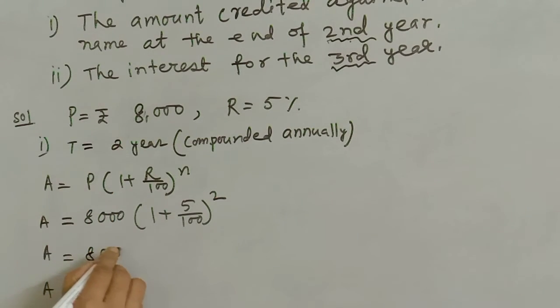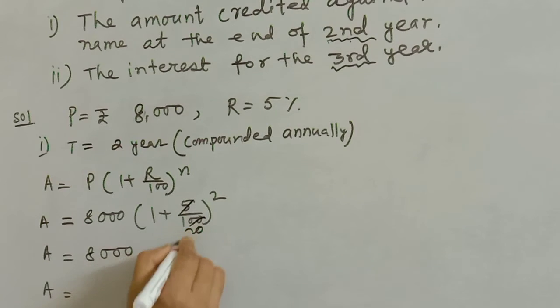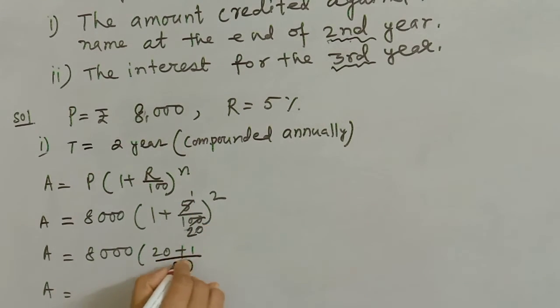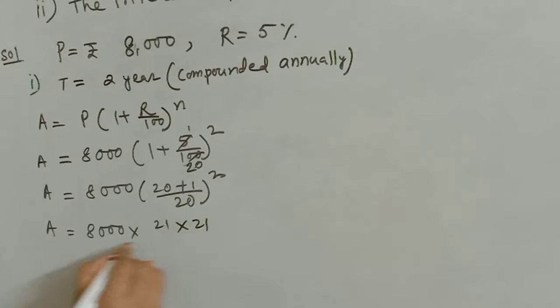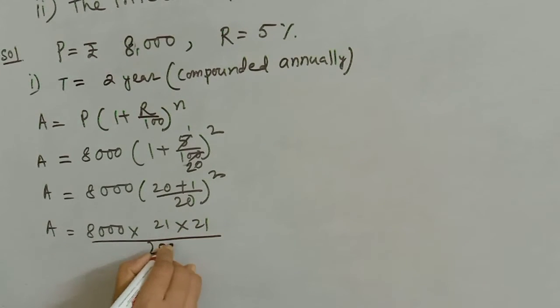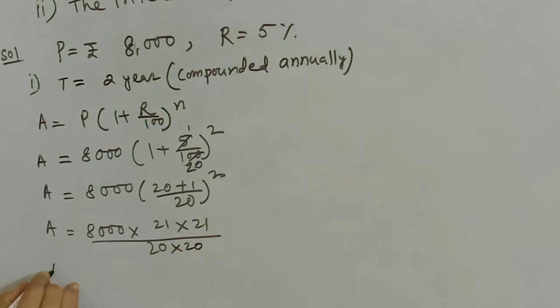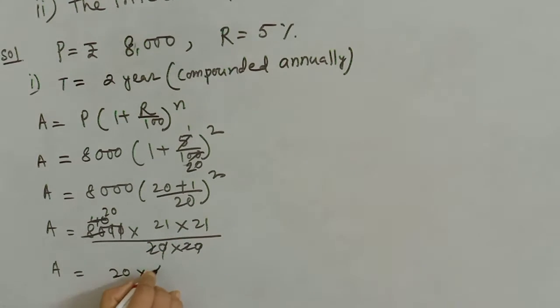So 8,000 into 1 plus 1 by 20 whole to the power 2, 8,000 into 21 into 21 by 20 into 20. So amount is equal to, cancel this and you will get 240, 220. Now 20 into 21 into 21, 441.